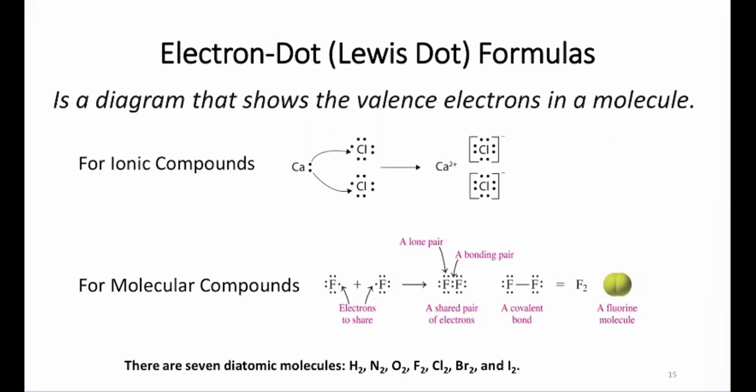Now, there are electron dot formulas that can be written for ionic compounds. And when it comes to ionic compounds, we see in those electron dot formulas where the cation's valence electrons are going to be donated to the non-metal that it is being paired with.